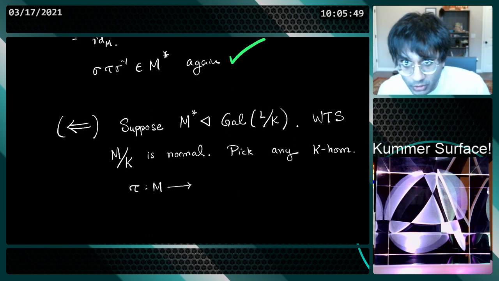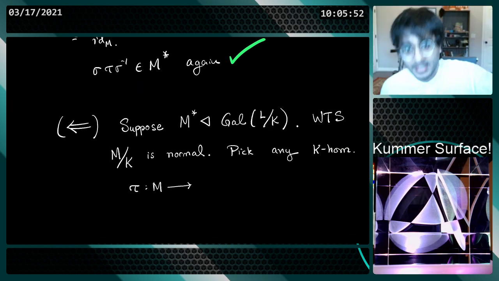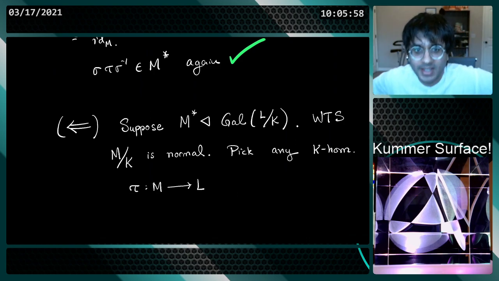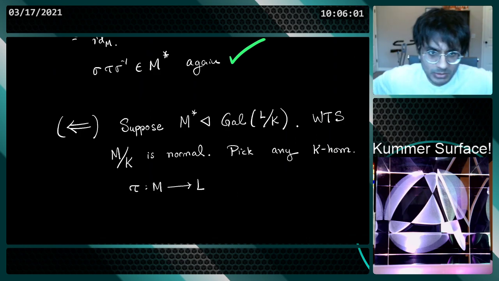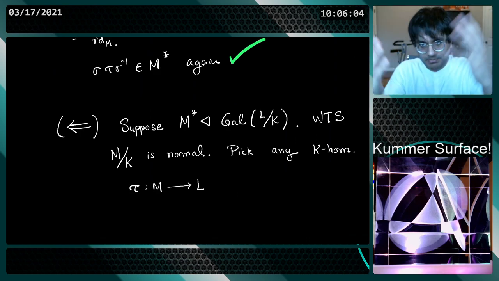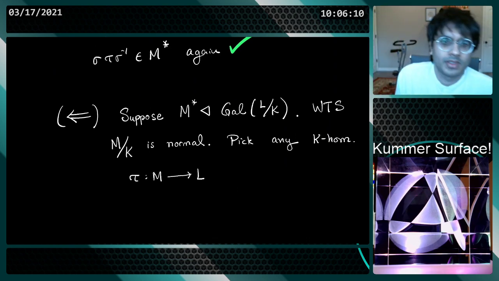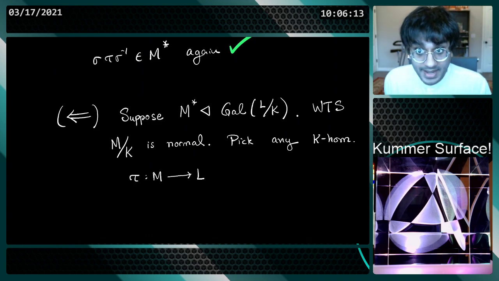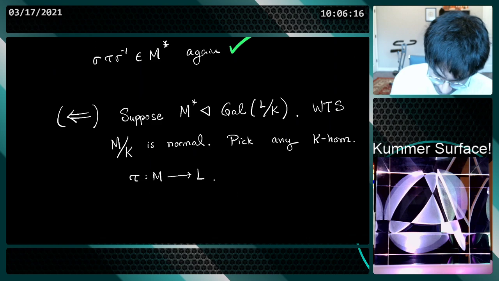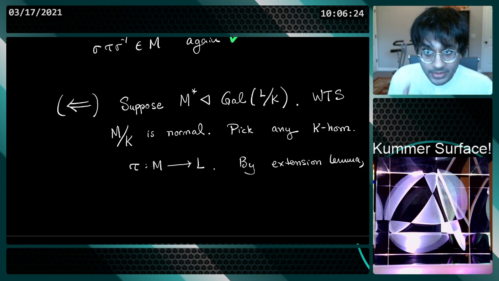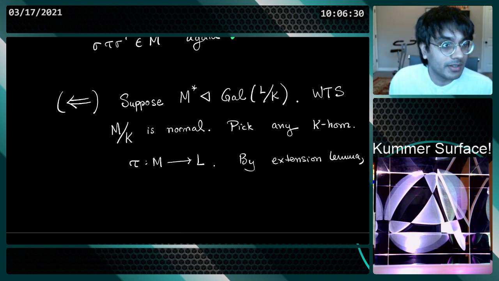But L over K is assumed normal, so it contains the normal closure. And so you can just put the codomain as L. Any K homomorphism will factor through L anyway. Okay, so pick any K homomorphism from M back into C somehow. However you'd like. Okay. By the extension lemma, this is the restriction of some automorphism of L.